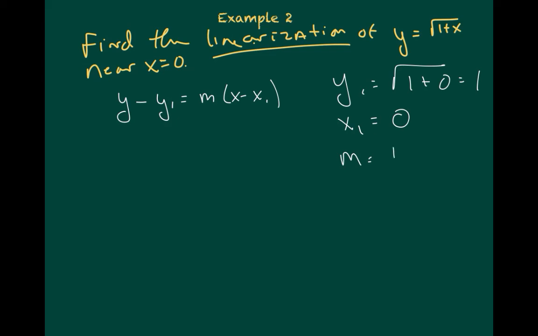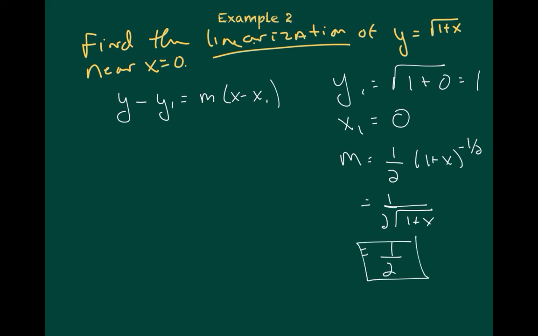So we will have 1/2 times 1 plus x to the negative 1/2, which simplifies nicely to 1 over 2 times the square root of 1 plus x. Now, if we evaluate that at x equals 0, we get 1/2. So our tangent line would be y minus 1 equals the slope 1/2 times x minus 0.